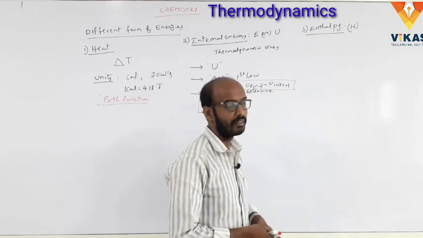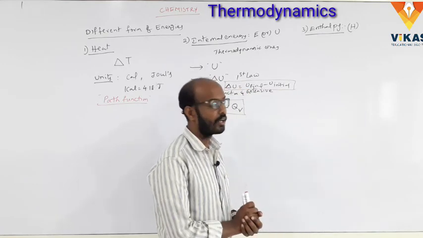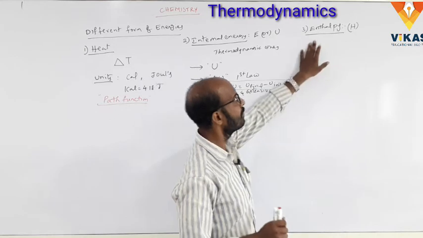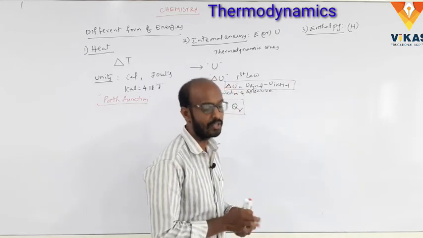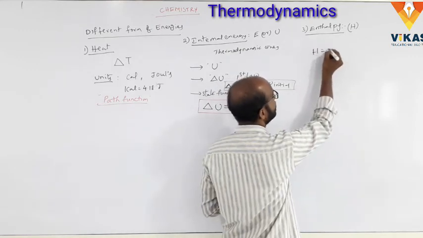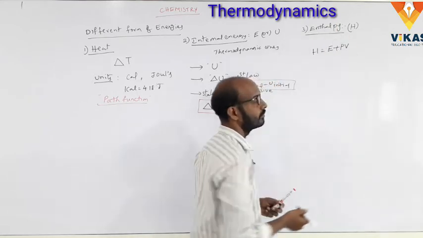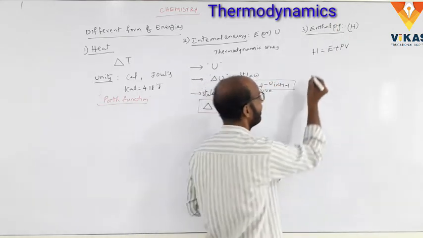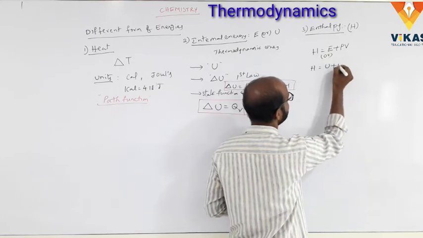According to scientists, there is one formula for enthalpy: H is equal to E plus PV. We also write H is equal to U plus PV.